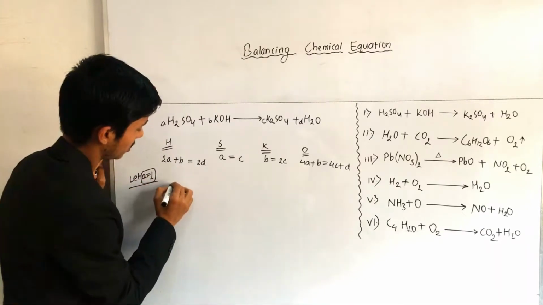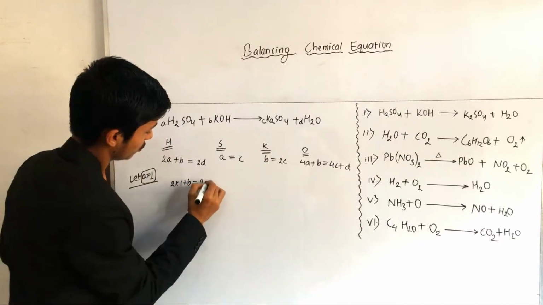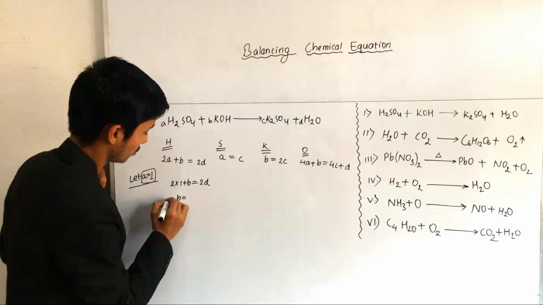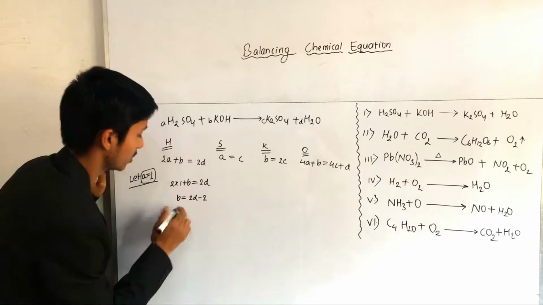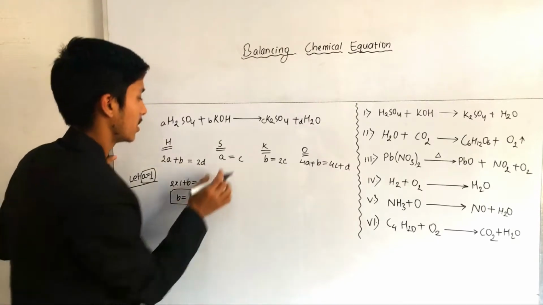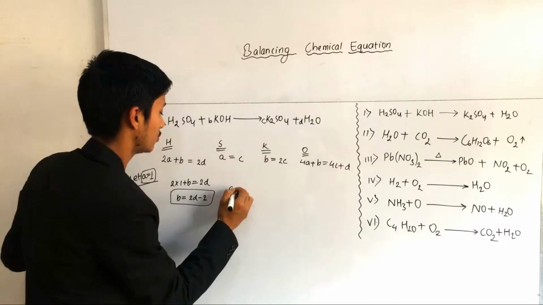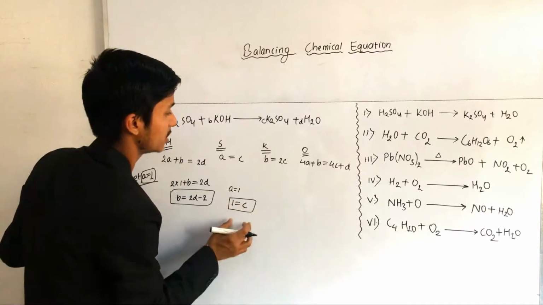Then we see 2 into 1 plus B is equal to 2D, so B is equal to 2D minus 2. Now A is equal to 1, so 1 is equal to C. That is, C is equal to 1.